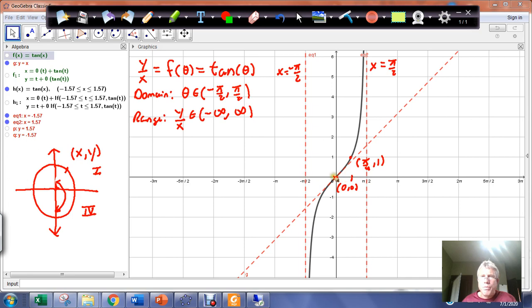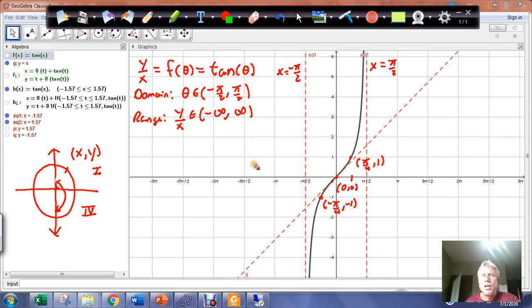And halfway between 0 and negative 90 degrees, or negative pi over 2, we had negative 45 degrees, or negative pi over 4, being associated with an output of negative 1 on the function. So we input negative pi over 4. The output ratio is negative 1. And those are kind of the key things that we kept track of when we were graphing the one period of the tangent function.